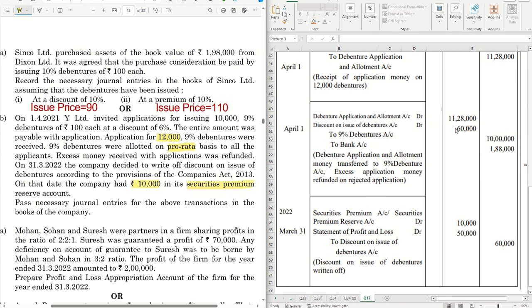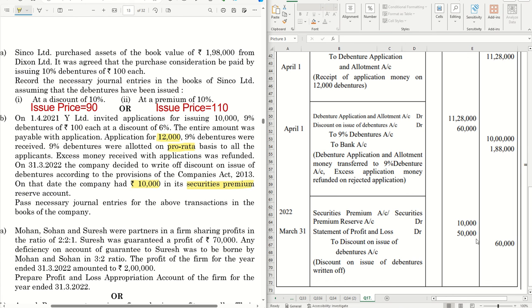We have 60,000 as the discount on issue of debentures that needs to be written off, and as per the rules, the first fund that is used to write off the discount is securities premium reserve. So the question clearly says there is 10,000 in that reserve. So that will be used first. We don't have any other reserve mentioned here. So the remaining 50,000 will be written off against statement of profit and loss account.